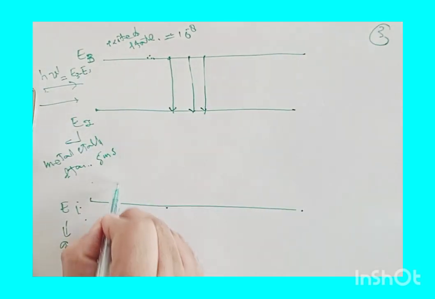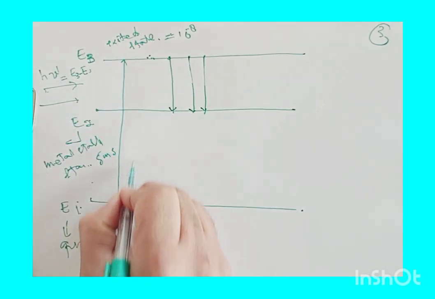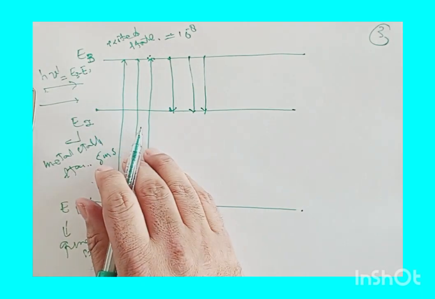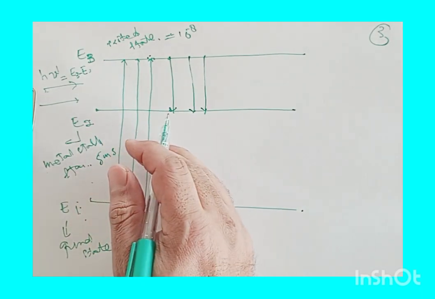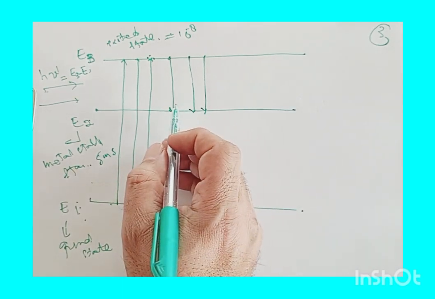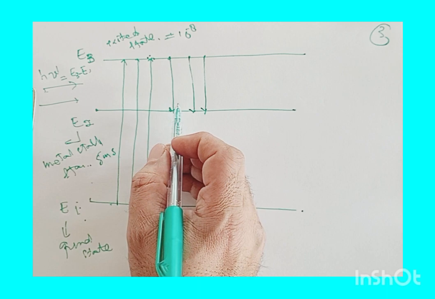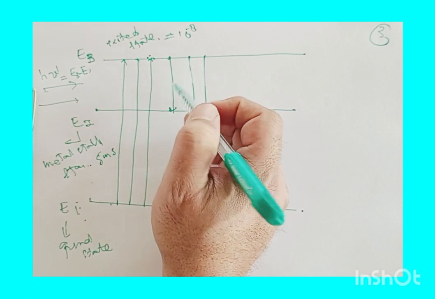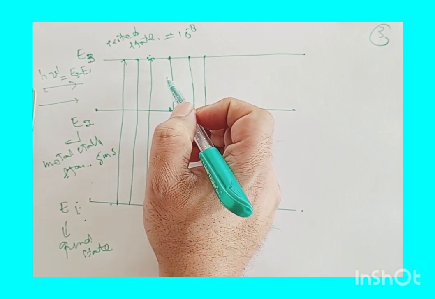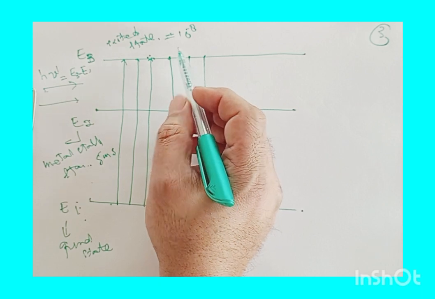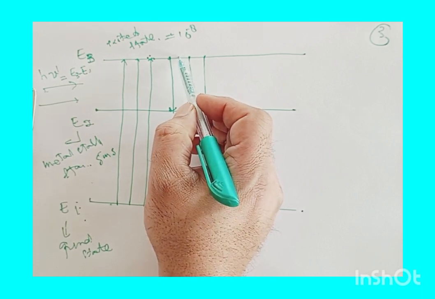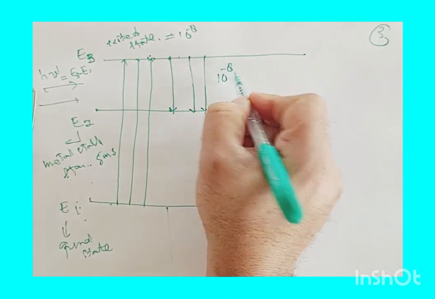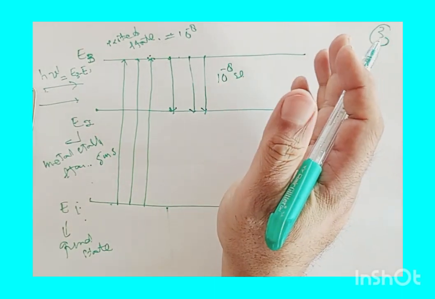So what we have given the energy, they have gone directly to the excited state. What is happening here is that since the lifetime of each atom in this excited state E3 is very small, the atoms in E3 prefer to go to this state in that very short span of time, which is of the order of 10 to the power of minus 8 seconds, by spontaneous emission.